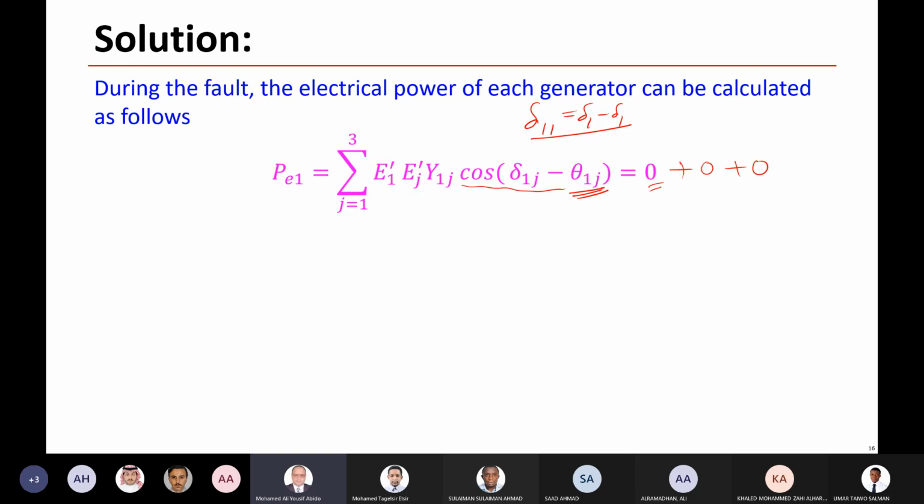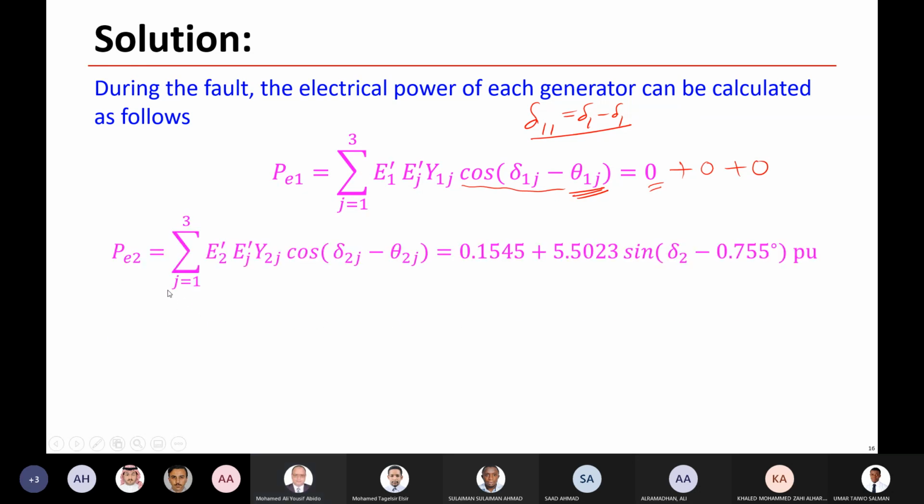Okay, we repeat this for PE2, j equal to 1 up to 3, E2 Ej Y2j cosine delta 2j minus theta, and then you can find the PE2. Look at PE2 here.